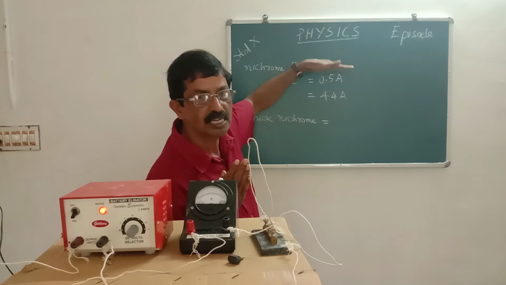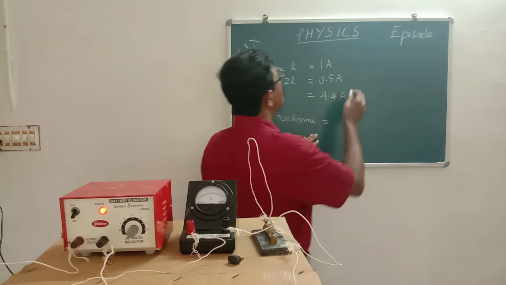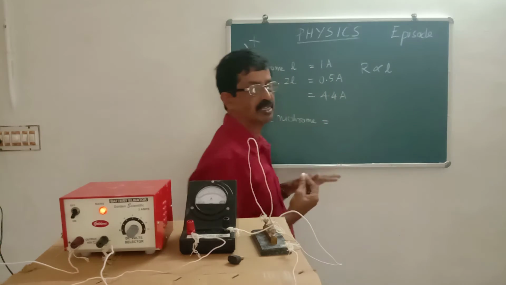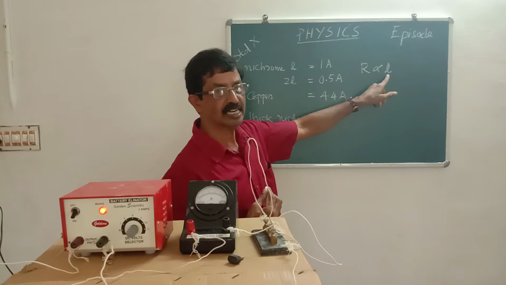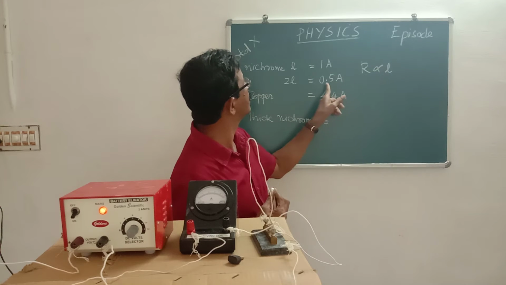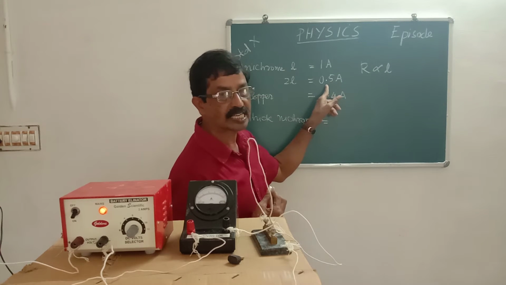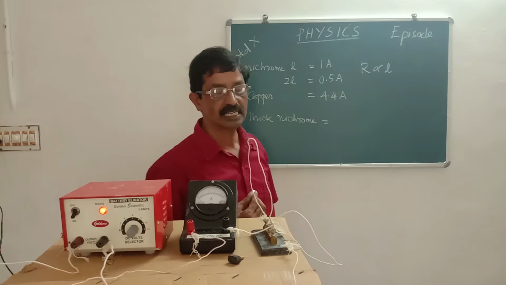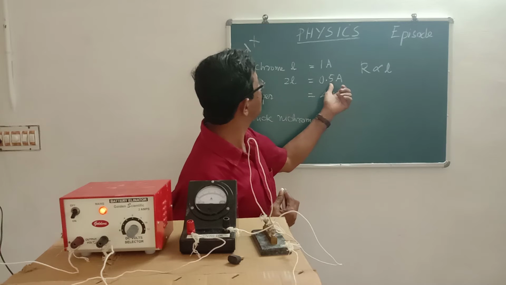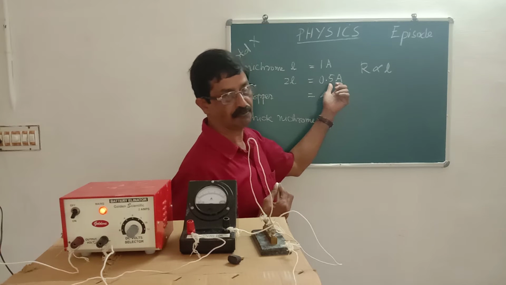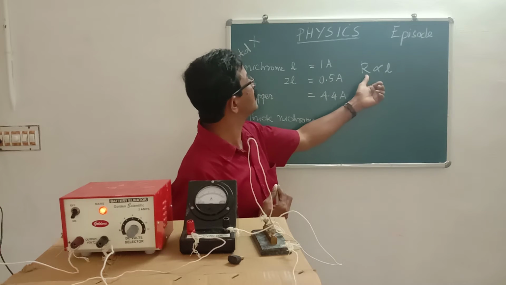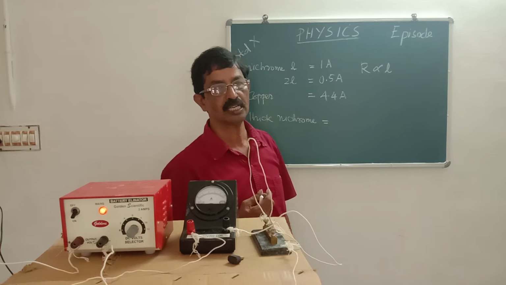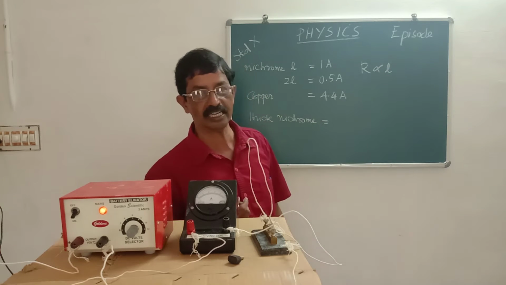Resistance depends on the length of the conductor. When the length of the conductor increases, the current decreases. If the length of the conductor is doubled, the current becomes half. That means resistance depends on the length of the conductor.